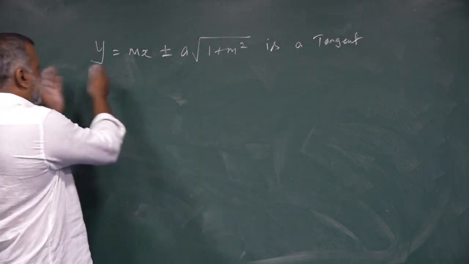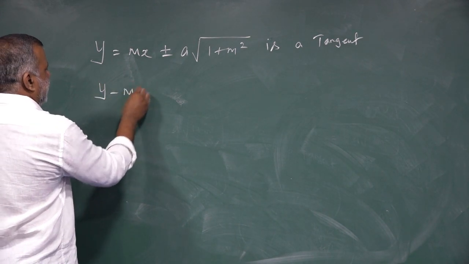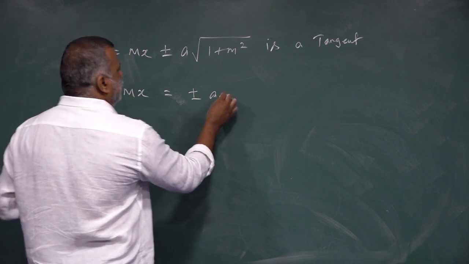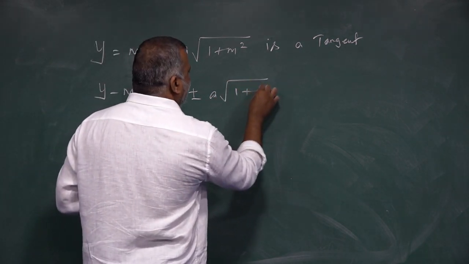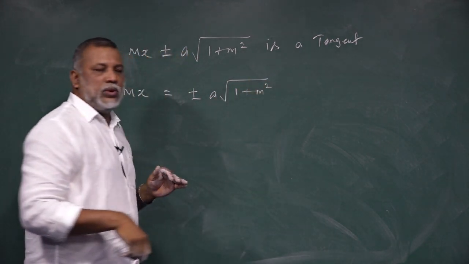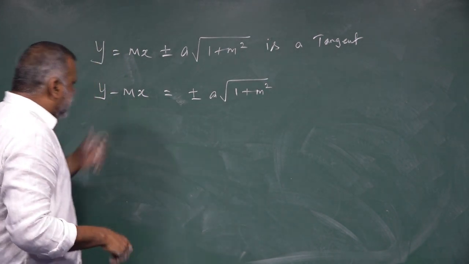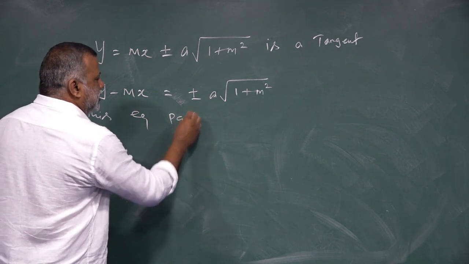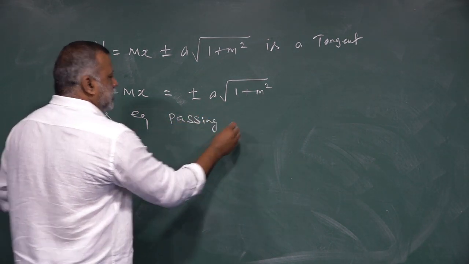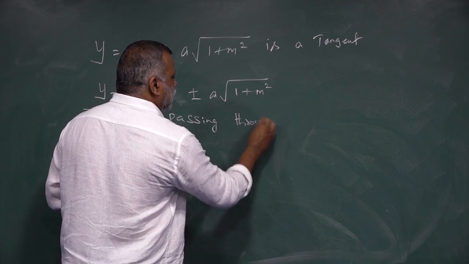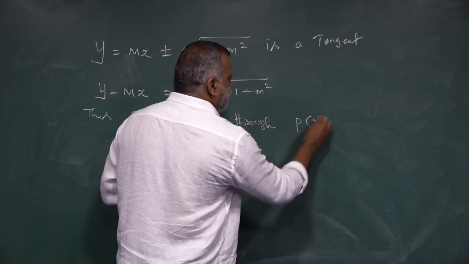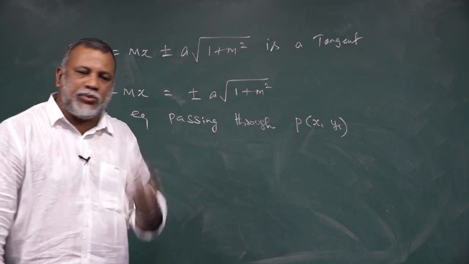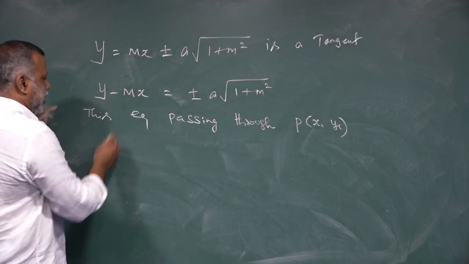Now listen, I can take this like this: y minus mx equal to plus or minus a square root of 1 plus m squared. This equation is passing through the point P of x1, y1. For any equation passing through a particular point, we can replace x, y.